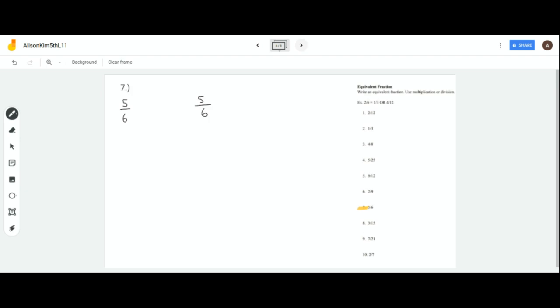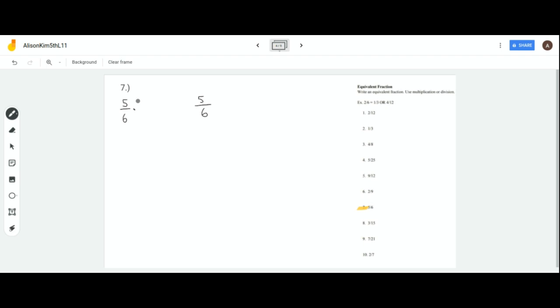Now let's move on to equivalent fractions. We're going to do number 7 together, and number 7 gives us 5 over 6. Now for this one, you can multiply it or divide it, but for 5 over 6, you have to specifically multiply it. So it doesn't matter what number you multiply 5 over 6 by, as long as when you simplify it in the end, it gives you 5/6 again, okay?